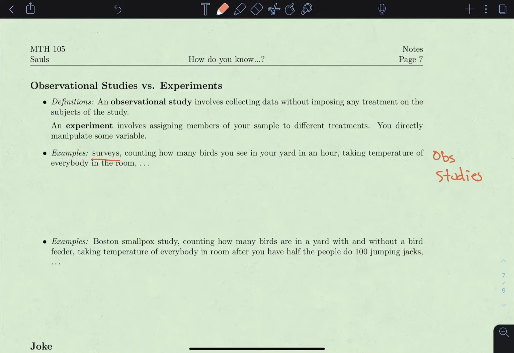is keeping track of hours of direct sunlight for a plant. This would be opposed to an experiment where you have two plants.